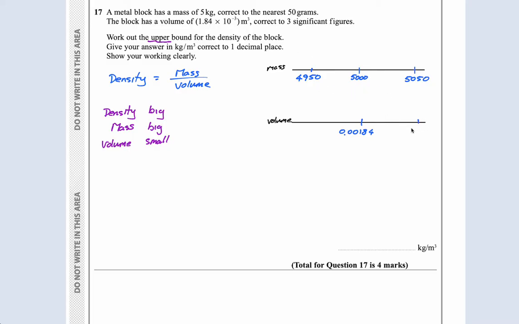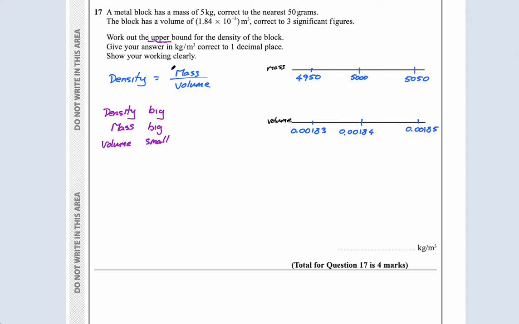The next number up would be 0.00185. You can keep it in standard form if you want, but I'm just going to take it out of standard form, just so it makes a little bit more sense. This number would be 0.00183. So the next number up, the next number down.